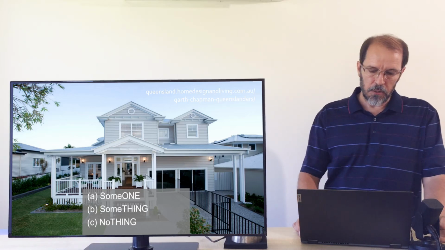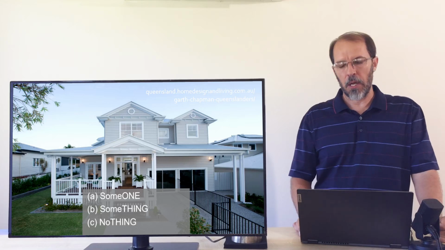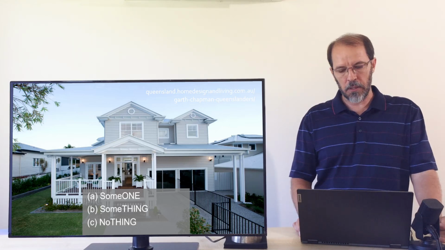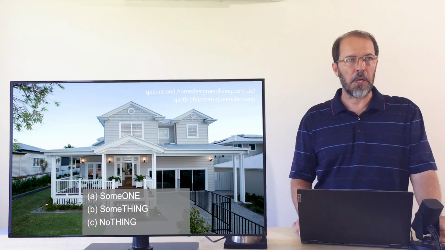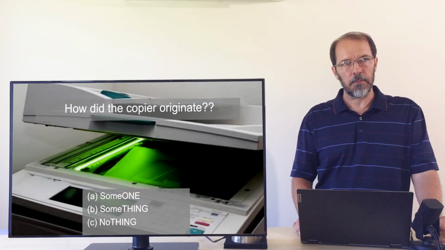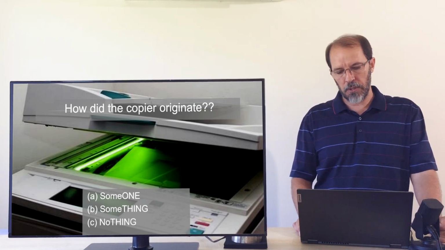And number C, will you be completely deluded and try to propagate lies by saying nothing, no thing made this house? And the photocopier, did it make itself through random chance, blind energy over billions of years?